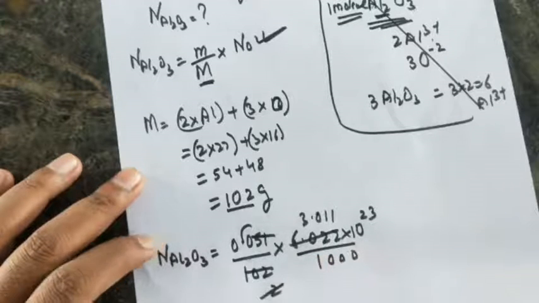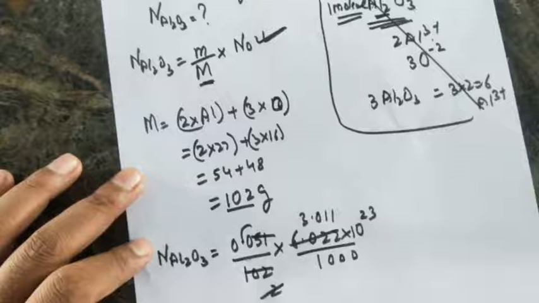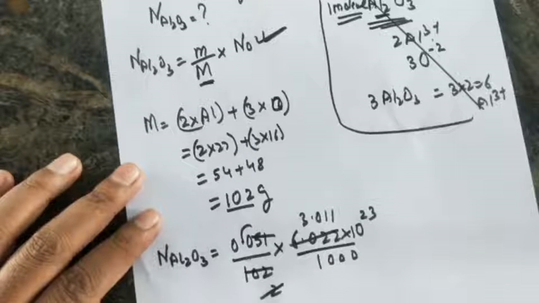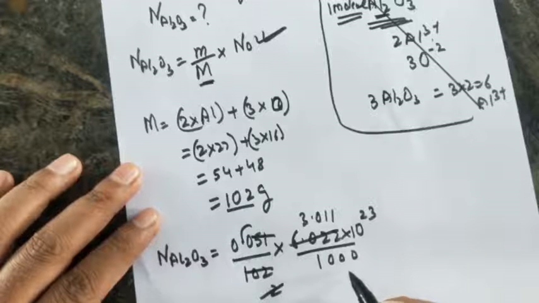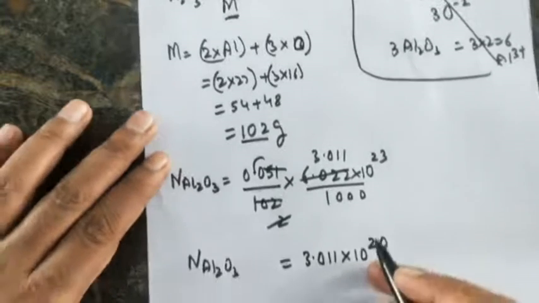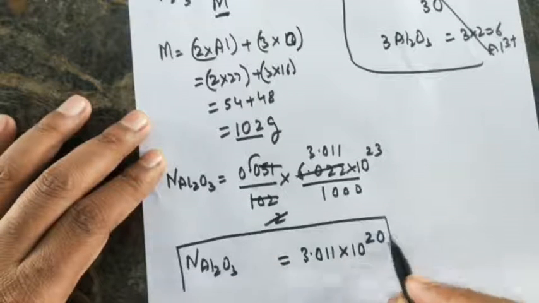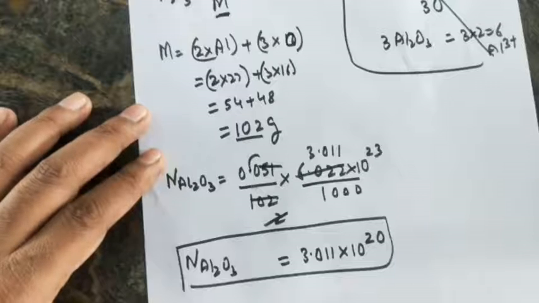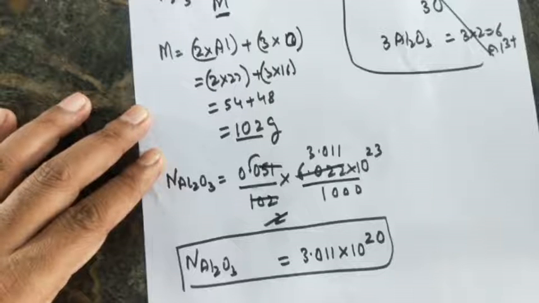On solving, number of Al2O3 molecules comes out to be equal to 3.011 into 10 raised to 23 divided by 10 raised to 3, which comes out to be equal to 10 raised to 23 minus 3, that is equal to 10 raised to 20. So this is the number of total molecules of aluminium oxide which are present in 0.051 gram of aluminium oxide.